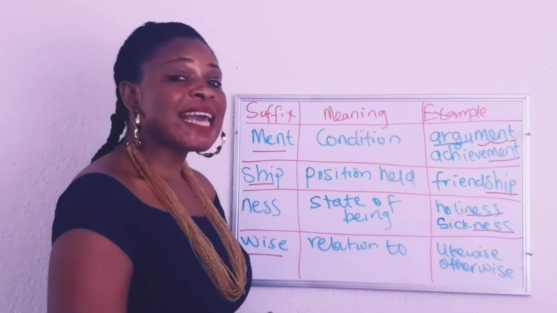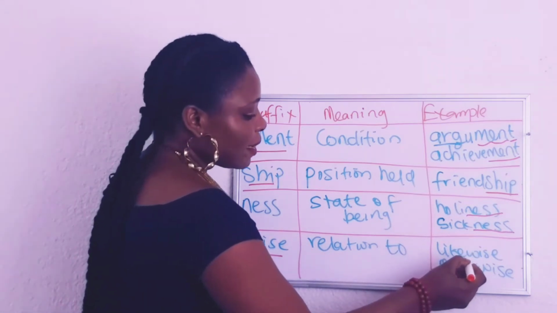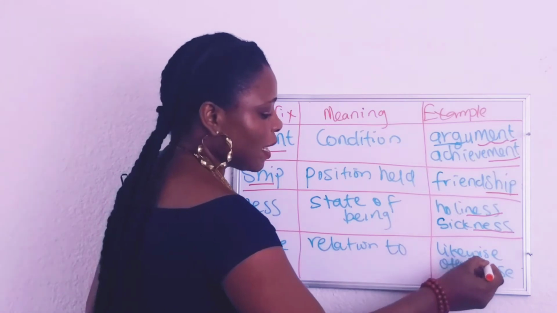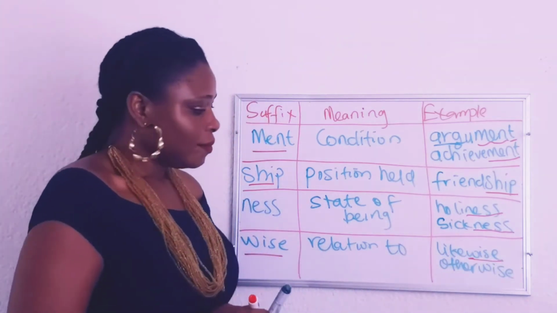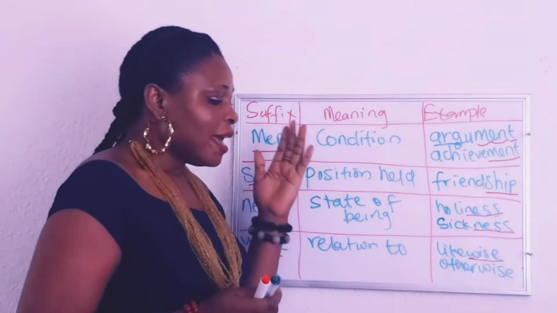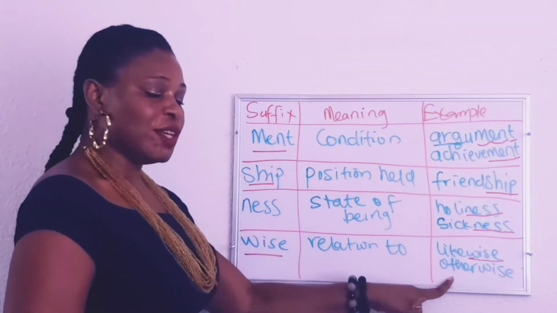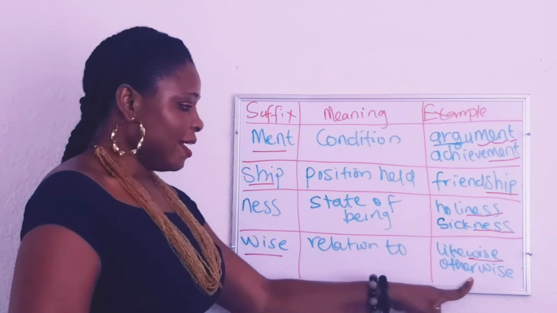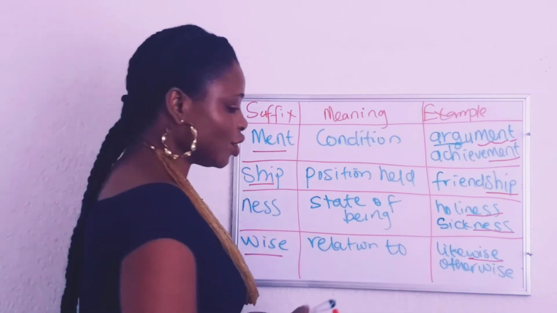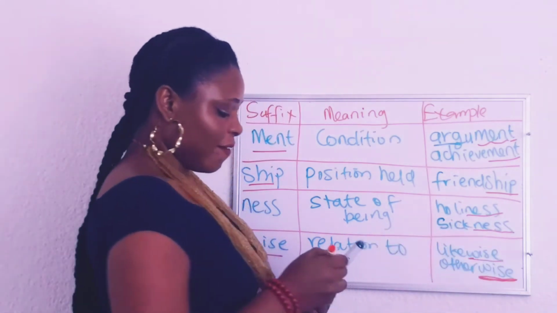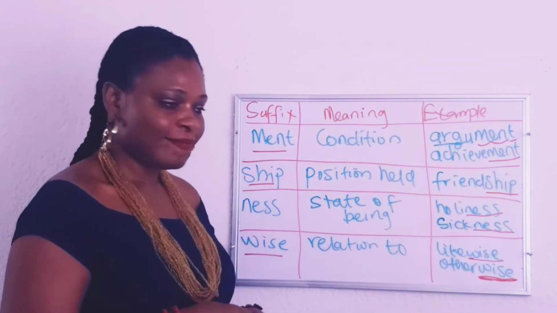The suffix is the affix at the end of this word, like, which is wise. And the second one, the suffix is the affix at the end of this word, other. Otherwise. So the suffix is this affix, wise.